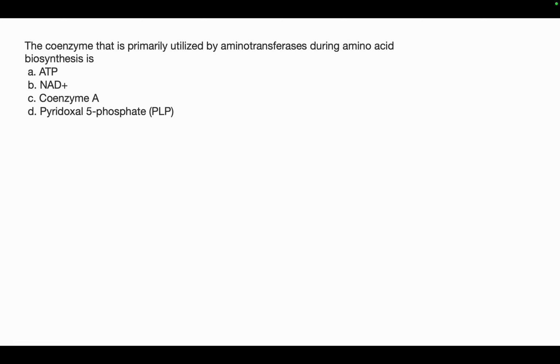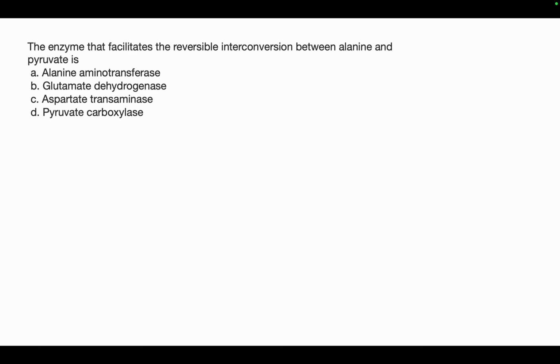The coenzyme that is primarily utilized by aminotransferase during amino acid biosynthesis is pyridoxal 5-phosphate, PLP. The enzyme that facilitates the reversible interconversion between alanine and pyruvate is alanine aminotransferase.